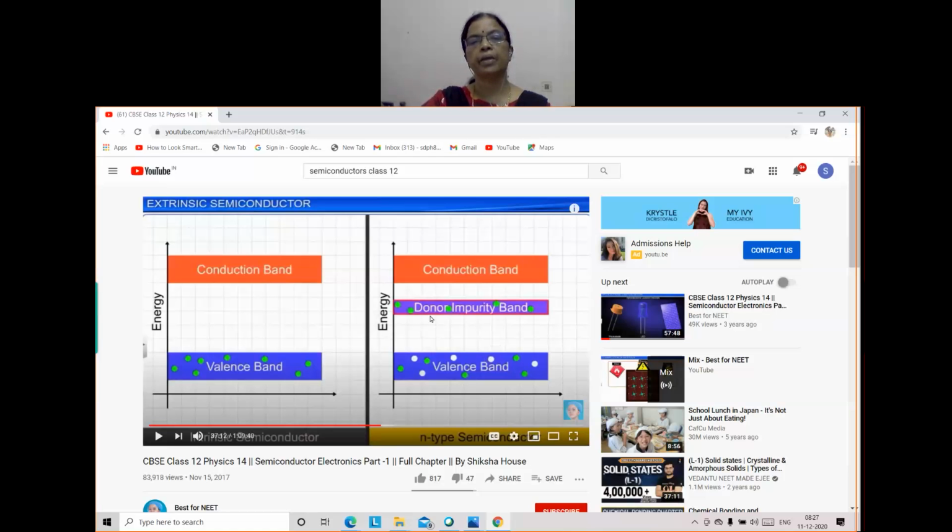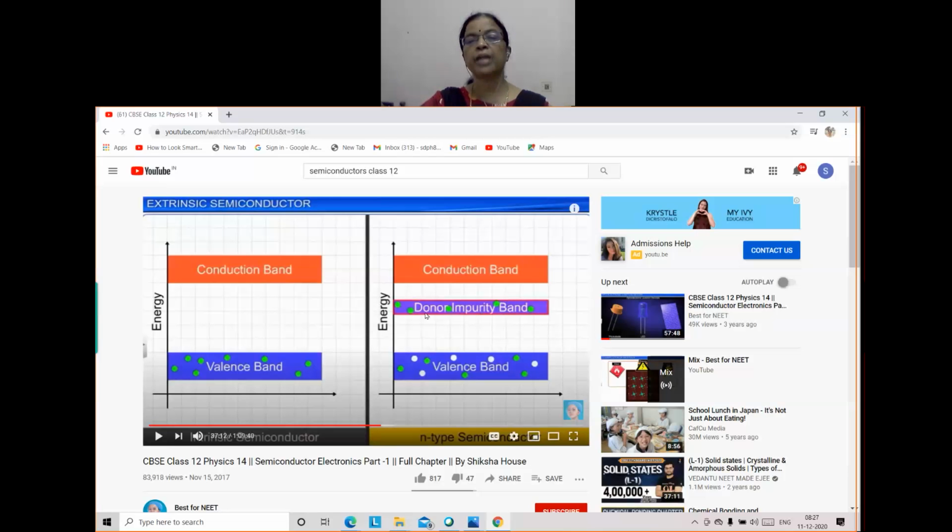So a question will come to draw the energy band diagram for an N-type semiconductor. In an N-type semiconductor, you can see the new energy level, which is formed due to those extra electrons. It is donated by the pentavalent impurity. Pentavalent impurity donates more electrons.